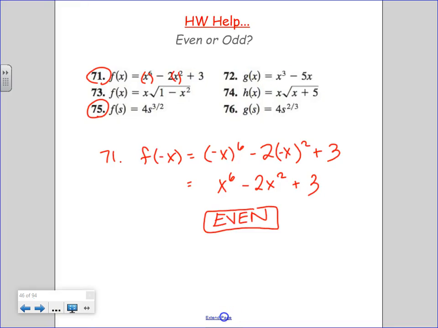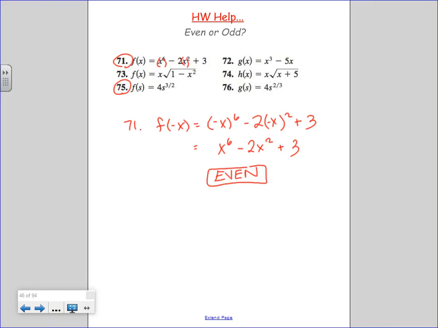Yeah. Okay. So what if we were to go to number 75? We're going to plug in negative, a different variable. We got this. Just make it negative s instead of negative x. Keep it in context. Now some of you are like, I don't even know what s to the 3/2 is. Okay, hold on.